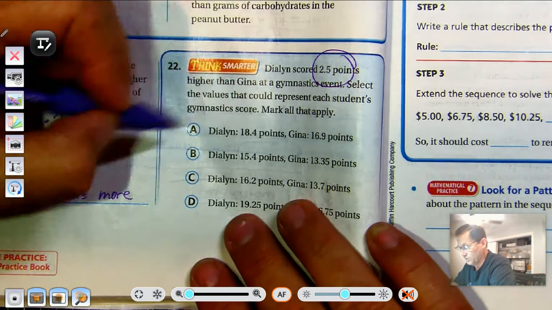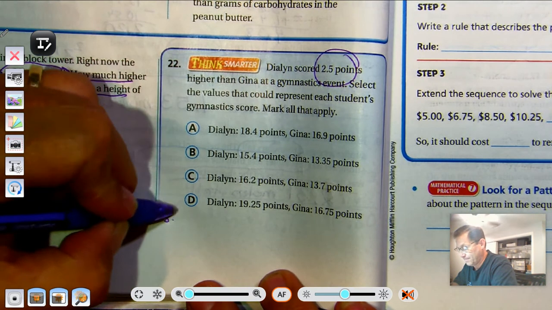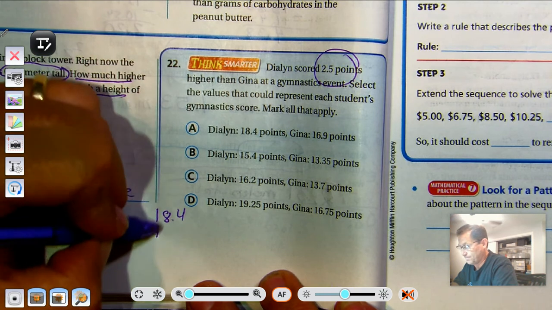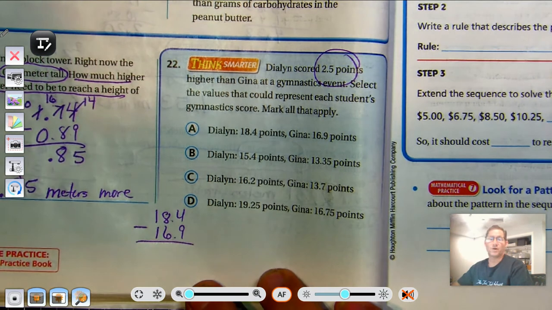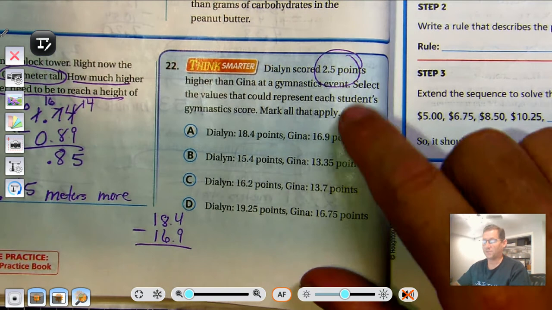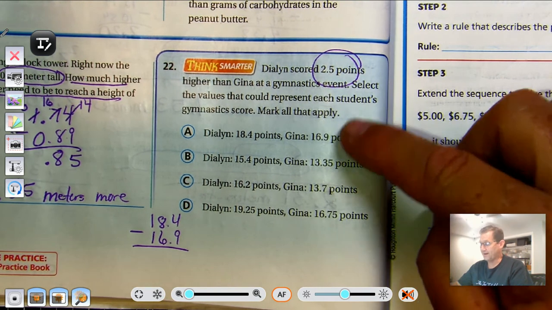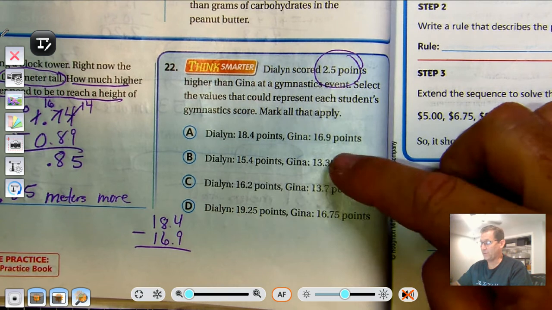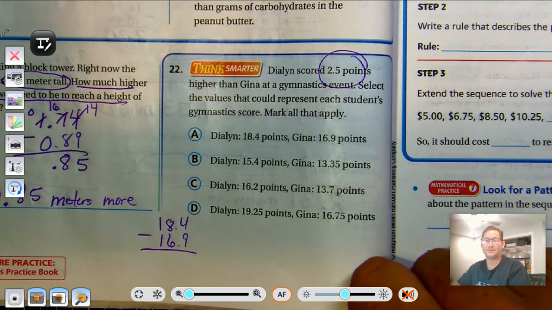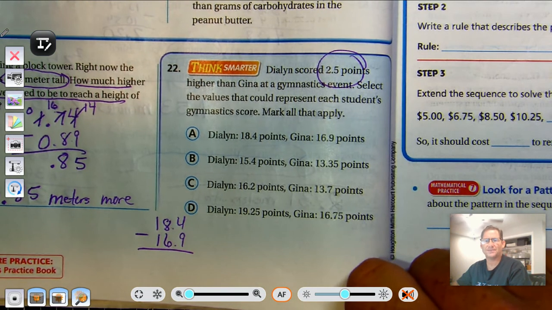So we just subtract these. You could also just take Gina's points and add 2.5 points. So if they're saying that these are her points, if you add 2.5 points, it's got to give you Dialyn's points.